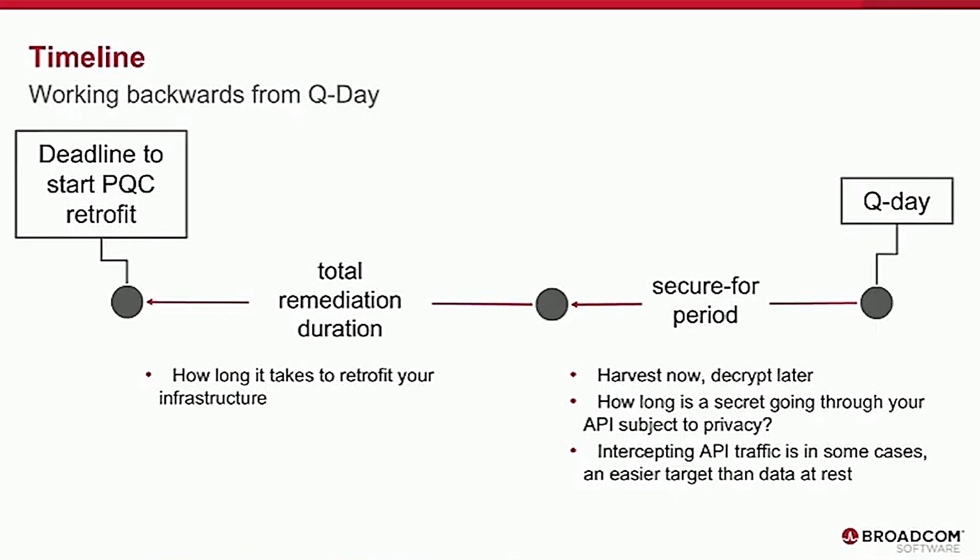The first part here is the secure for period. So think about how long is a secret expected to remain private in your API, stuff that goes through your API, right? Because there's a problem known as harvest now, decrypt later.